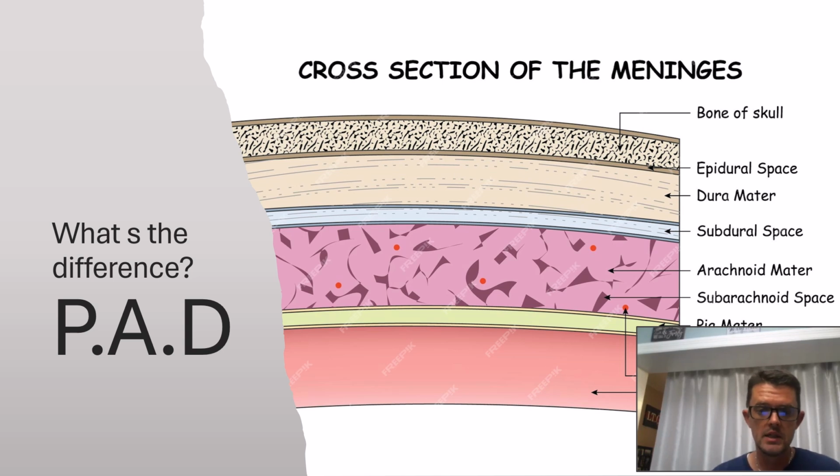So with these three bleeds, all they're asking is where the bleed is and why we even care. The signs and symptoms will differ, and that's where the questions come in, so you have to be able to differentiate. Let's start looking at these.